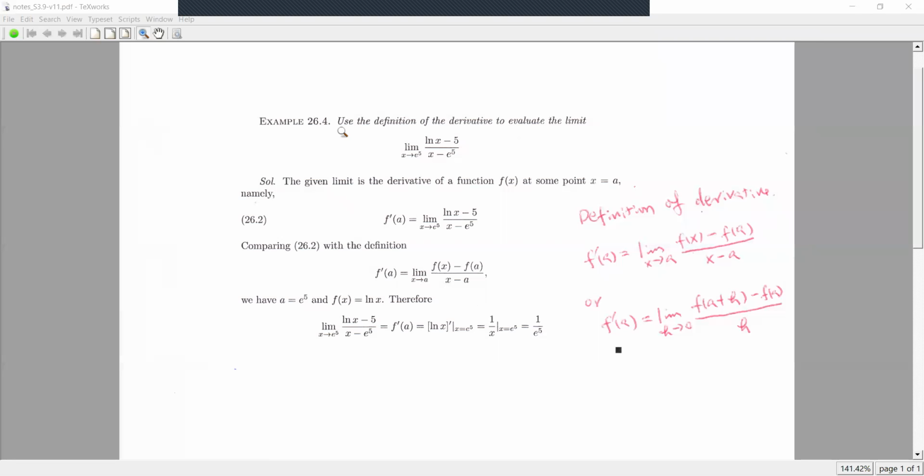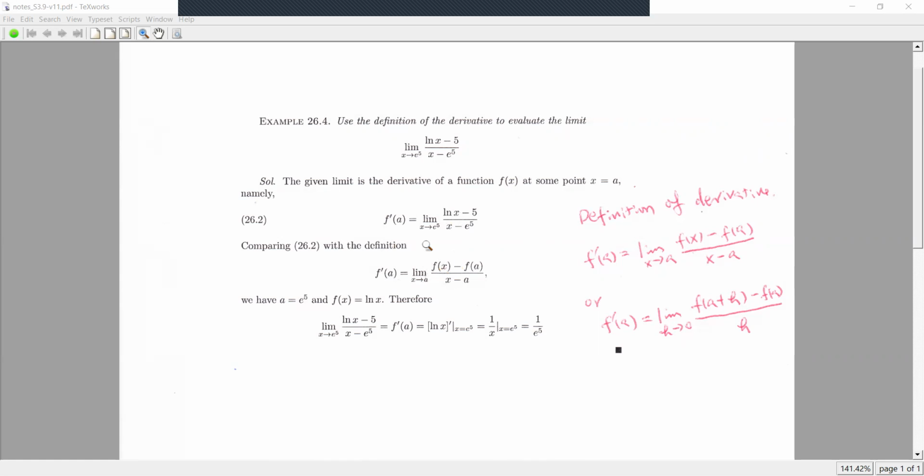Example 2. Use the definition of derivative to evaluate this limit. This limit is the derivative of some function f at some point a. To determine the function f and the point a, I compare this limit with the definition of derivative. Comparing this limit and this limit, I can see that the function f is natural log of x.